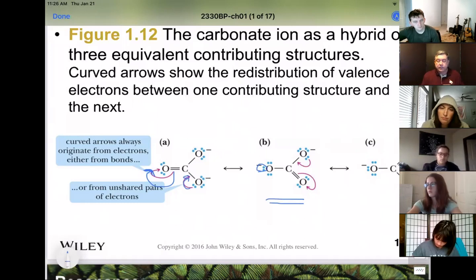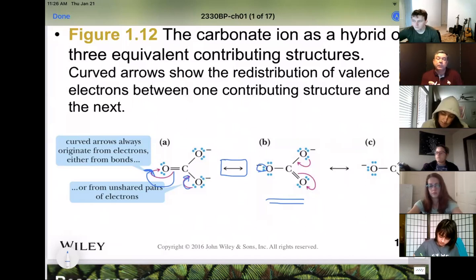Now notice there's an arrow in between here. This double-headed arrow in between these 2 structures is important, because it says that these are contributors. They're not in equilibrium. It's not that one's going to the other and the other's going to the first. This is what we call the contributing structure.